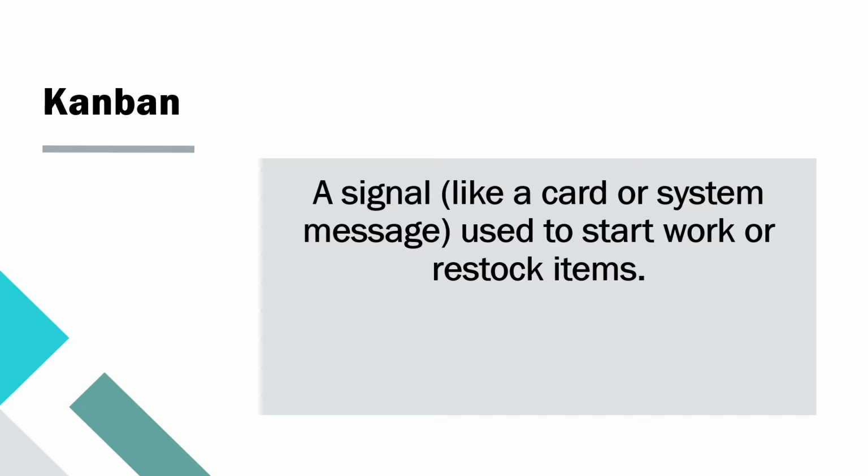When an item is running low, a Kanban signals that more items need to be made or moved. This creates a pull system where work is done only when needed. In Dynamics 365, a Kanban acts as a signal to start production or transfer activity for a specific item based on specific demand.